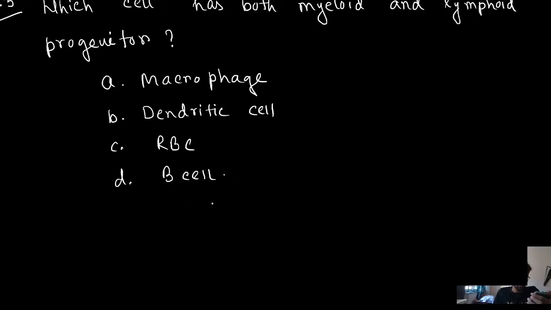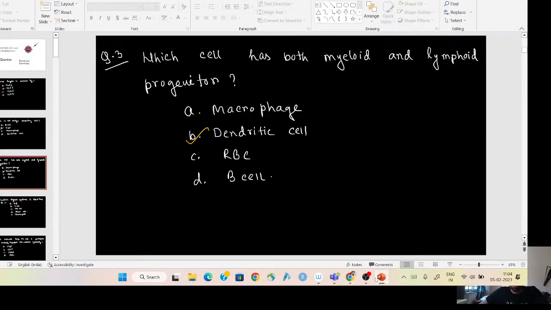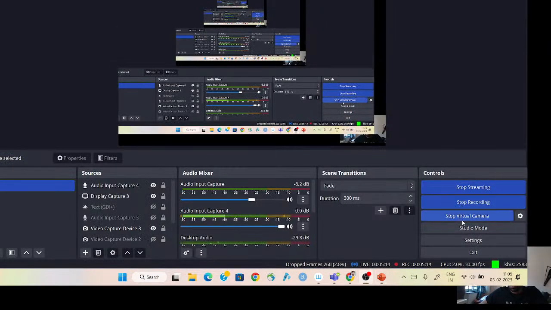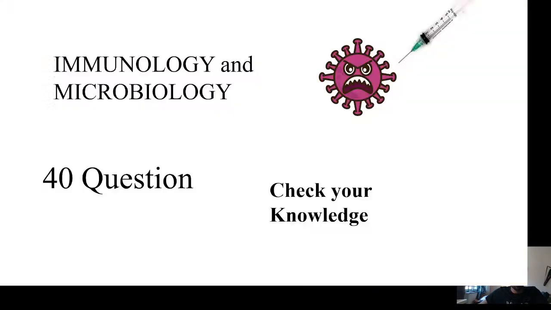Hi, Sampad. Hi, Mihir. Okay, everyone is saying it's B. Yes, it's B. Fantastic, guys. One thing I have to do: I have to turn off my webcam because I think something is going wrong.